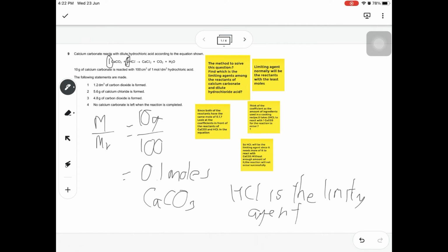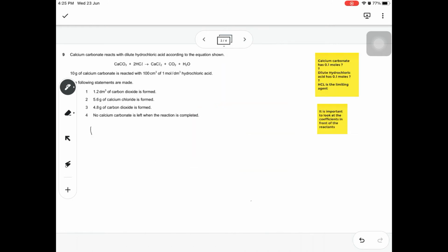So now we can find the moles and mass and other information to help us confirm which of the statements will be correct. The carbon dioxide is 1. So you'll be using the ratio method a lot in this equation. HCl to CO2, 2 to 1.